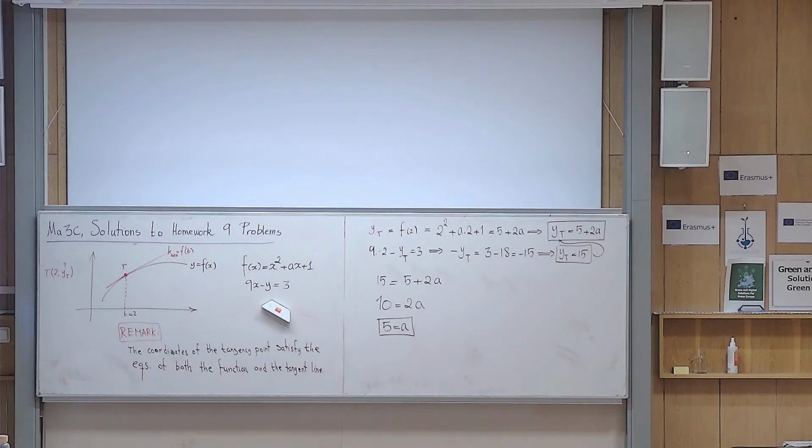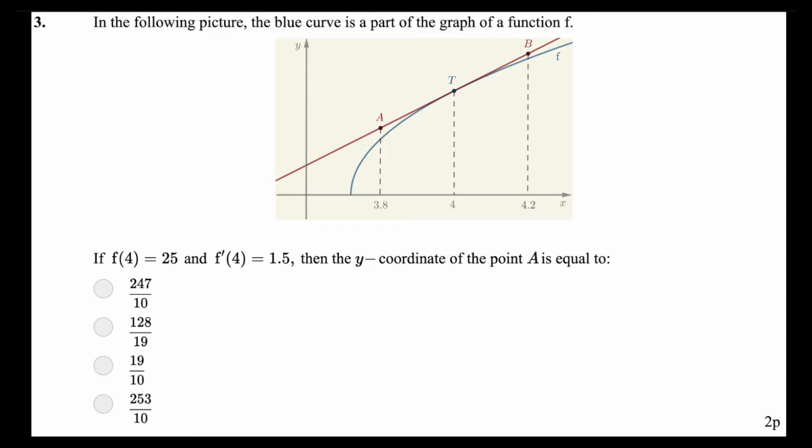The final question now, here we go to the final question. So in the following picture, the blue curve that you see here is a part of the graph of a function f. Usually in these kinds of questions, you have to use the information given on the picture. For example, you need to assume that this line is tangent to the curve of the function at point T. Yes?